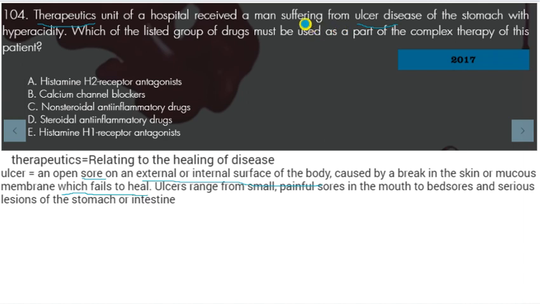The man is suffering from an ulcer disease of the stomach with hyperacidity, so increased production of HCl. So protons are very high and the pH is very low. Low pH means hyperacidity.